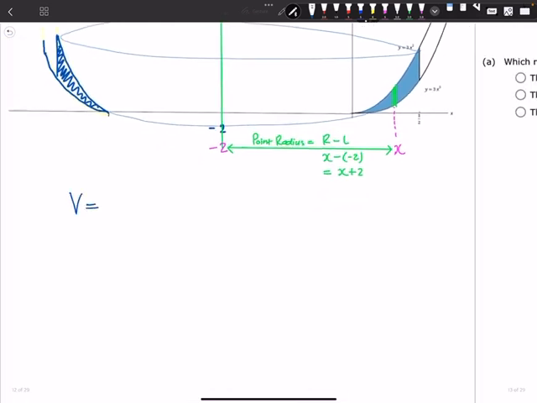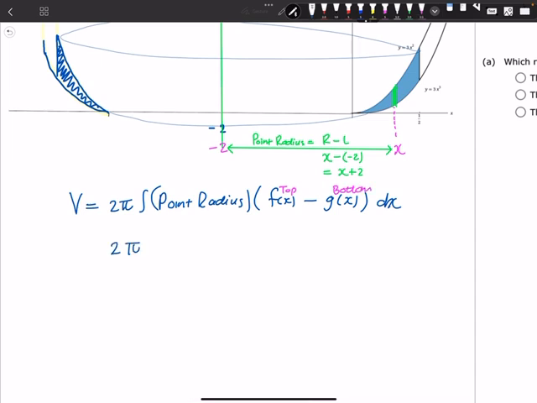Volume is equal to 2 pi times the integral of the point radius times f of x minus g of x dx. And again here, just to be clear, this is top minus bottom. All right.